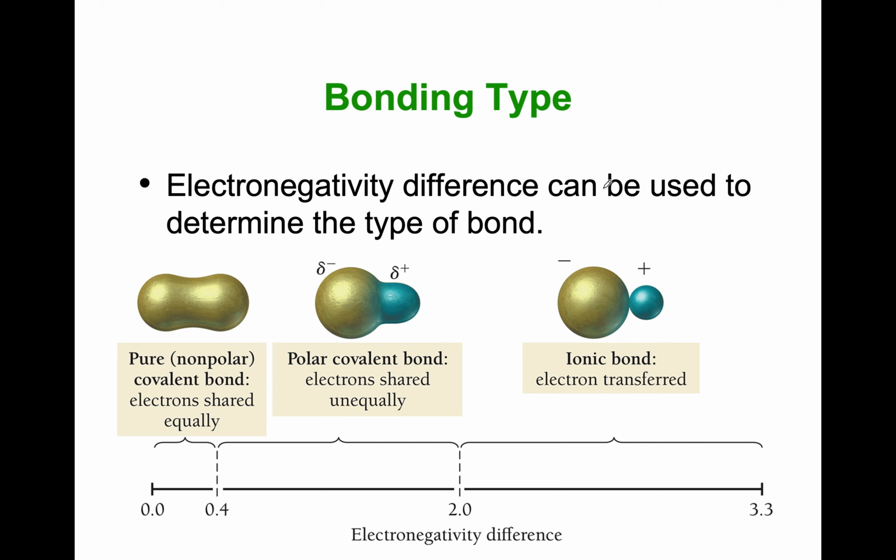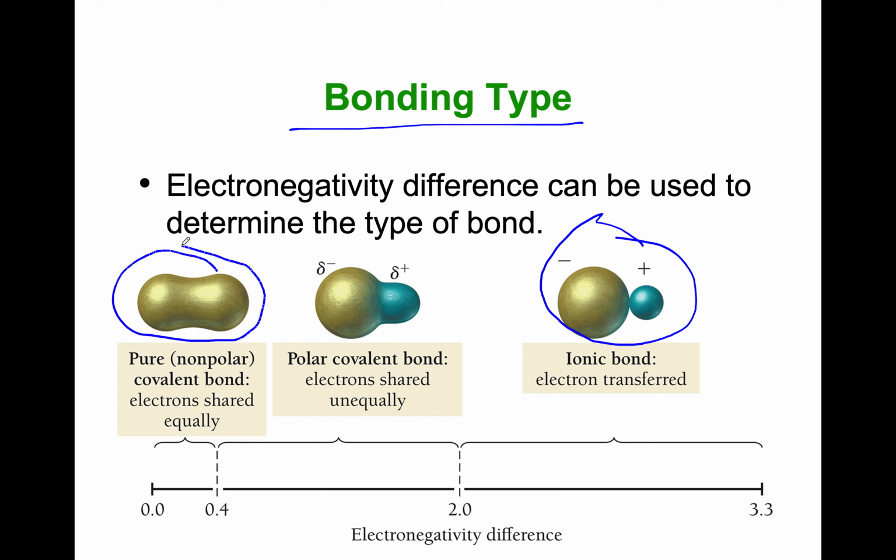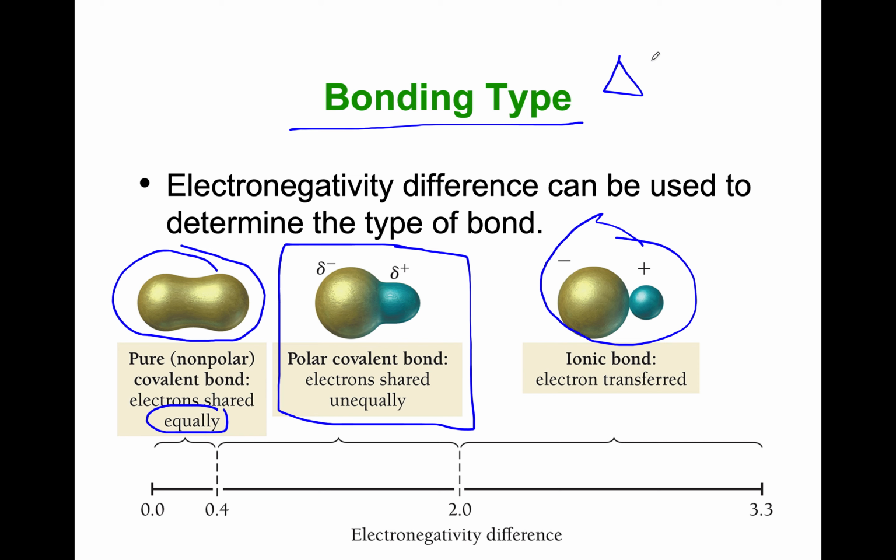So if you take a look here, now we have a way to distinguish between bonds. We said ionic is a full transfer. Now we're seeing this terminology: pure or nonpolar covalent is when they share equally or pretty equally. And now what we've been talking about, these polar bonds, are unequal sharing. So what we're going to do is calculate the difference in electronegativity.